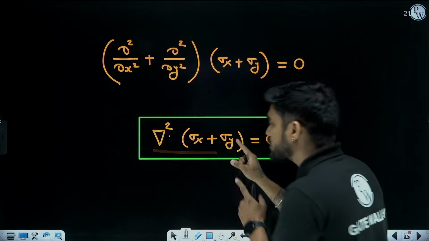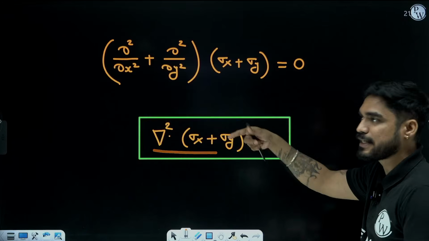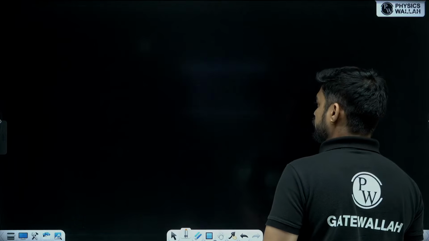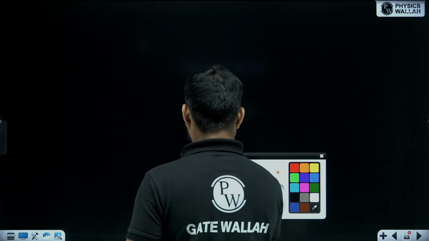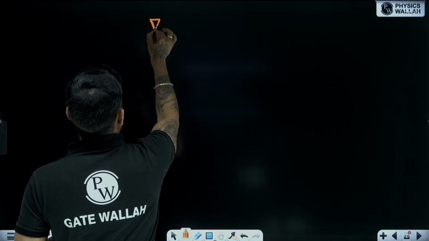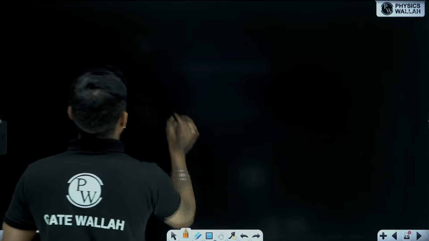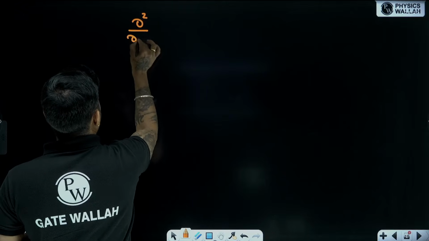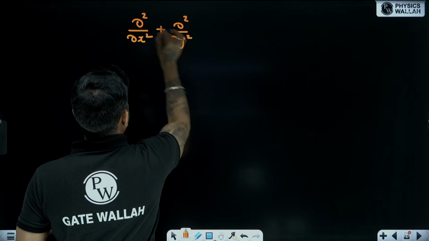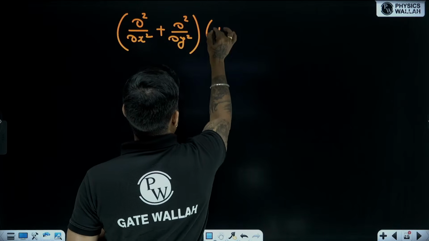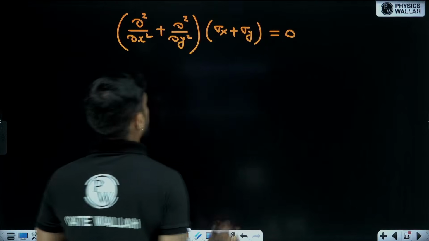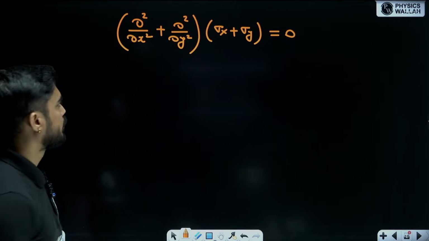For deriving this compatibility equation, we have already used the equilibrium equation. Now, if you put this here, del square, or you can write this, ∂²/∂x² + ∂²/∂y², of (σx + σy) equals 0, right?